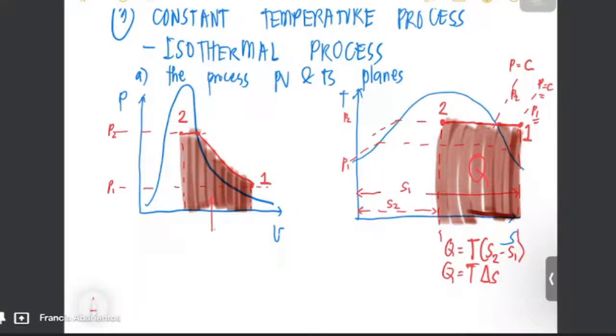So, this is our non-flow work. We proceed.